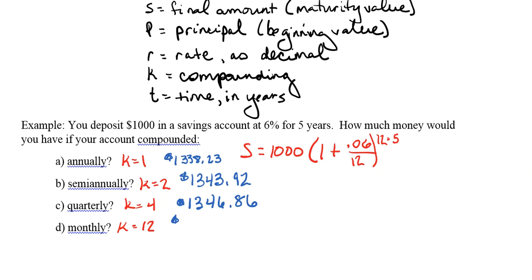And so if I was compounding monthly, my account would have $1,348.85. So it's not a huge difference, but it is only $1,000.